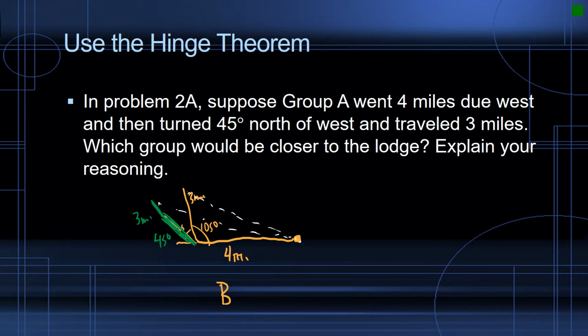Now, if my exterior angle over here is 45 degrees, what is my interior angle for this triangle? That'd be 180 less 45, that'd be 135. So I've got one included angle at 105 and another included angle that is 135. We're using the Hinge Theorem, and our question is which one would be closer to the lodge?